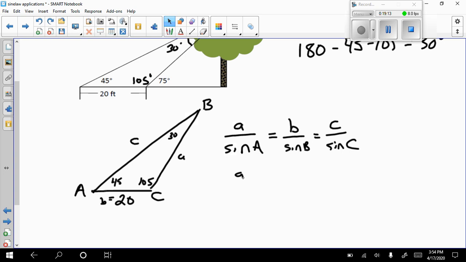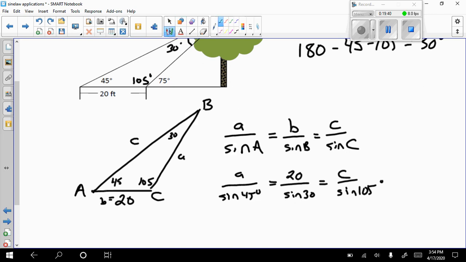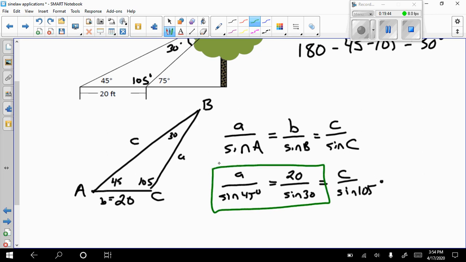Little a over sine of 45, those are my opposites, is equal to little b, which was 20, over sine 30. And it's equal to little c, which I don't know, over sine of 105. So let's try to get that side of the triangle, which is little a. So I'm going to work with these two parts of my sine law.